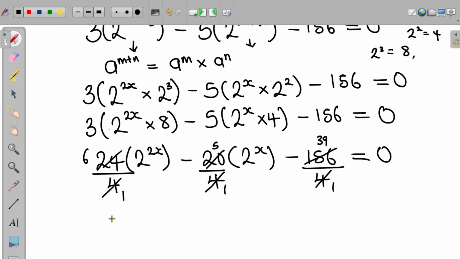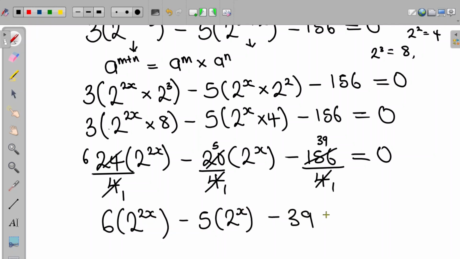So at this point, this becomes 6 multiplied by 2 to the power of 2x, minus 5 multiplied by 2 to the power of x, minus 39 equals 0.